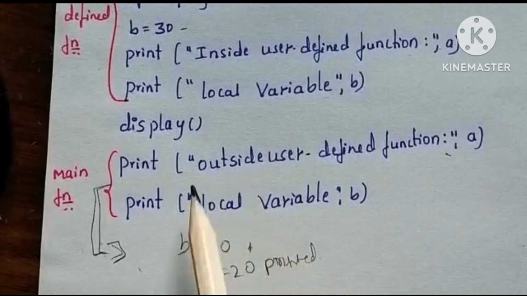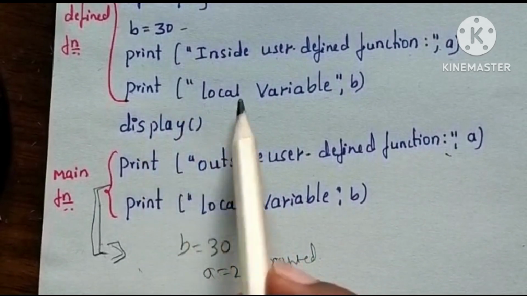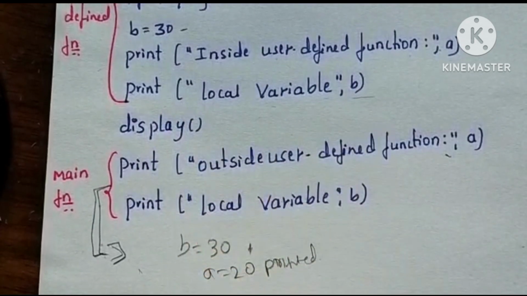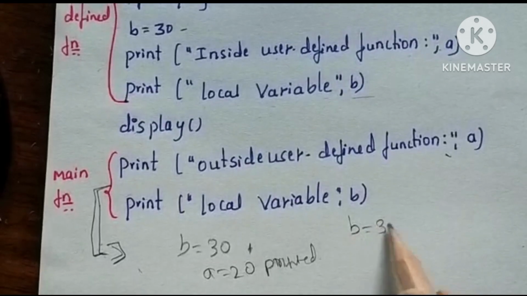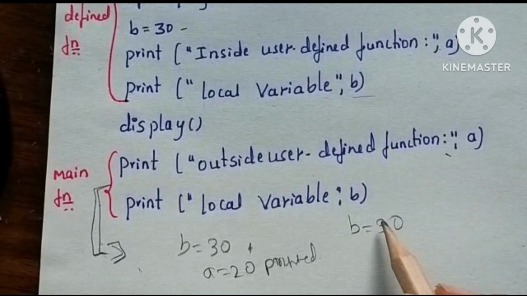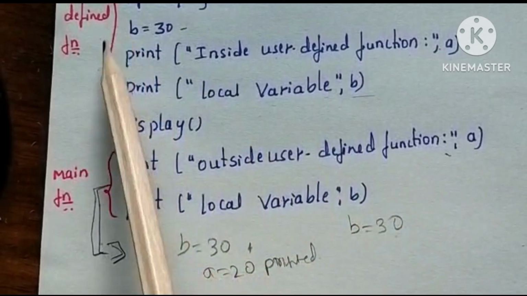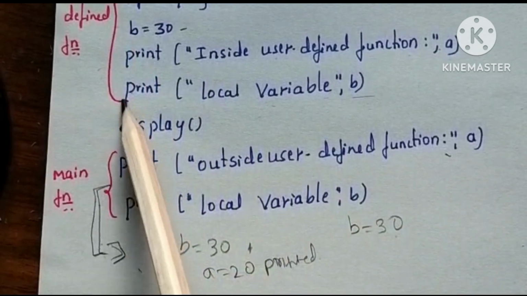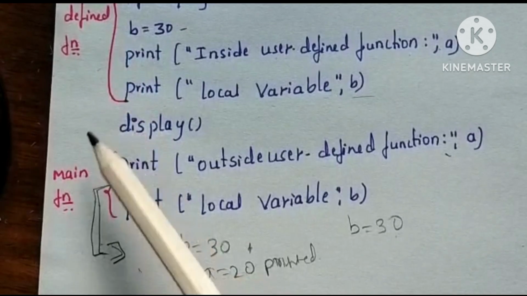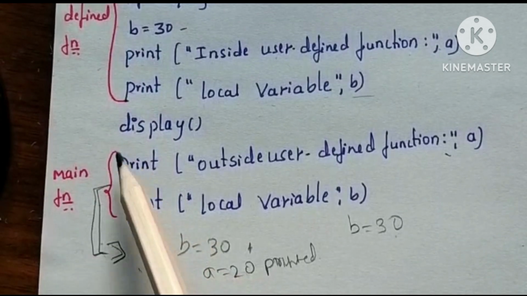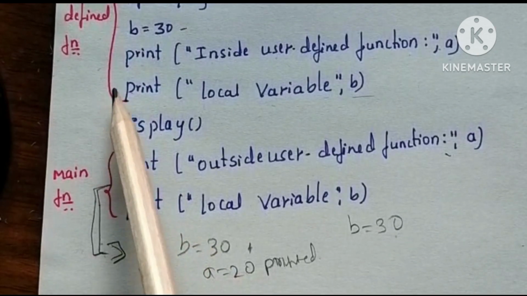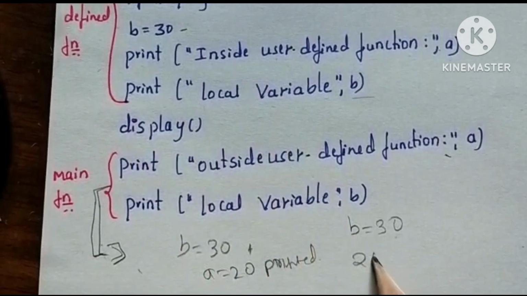Next, print local variable b equal to 30. This 30 is printed. Then outside of the user defined function, this a will be printed as 20.